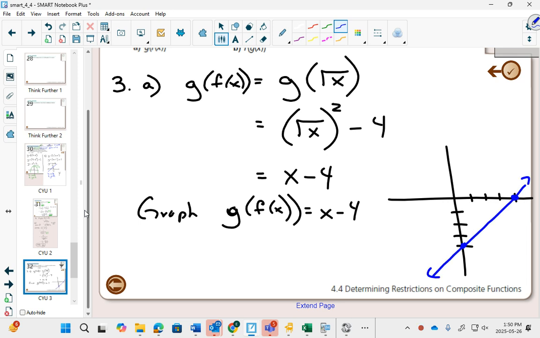And I lost all marks on this question. They gave me no marks. What did I do wrong? It looks like x minus 4, doesn't it? Oh, I didn't label things. Yeah, you got me there. Okay. So I'm going to add (0, -4) and (4, 0). Now it's labeled, and I'd still lose marks.